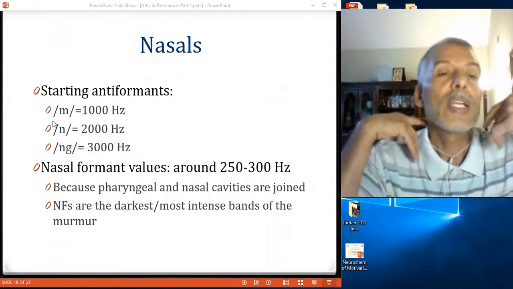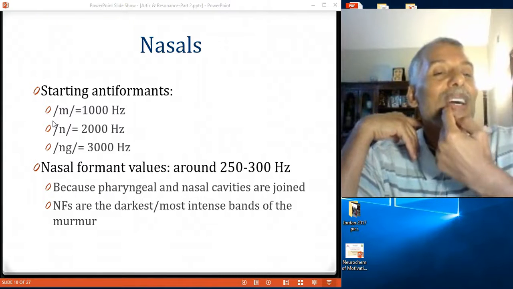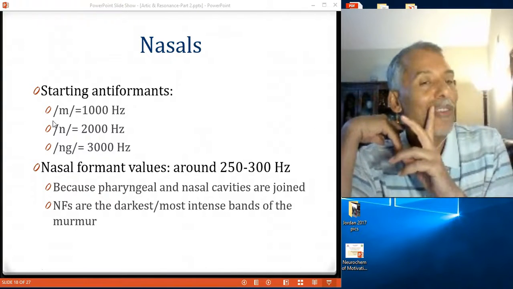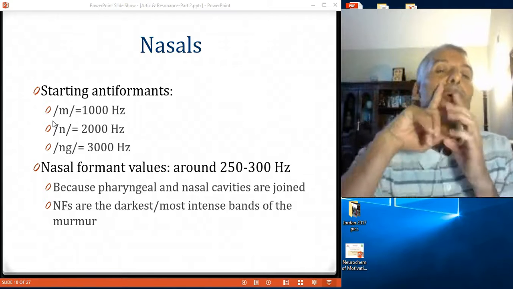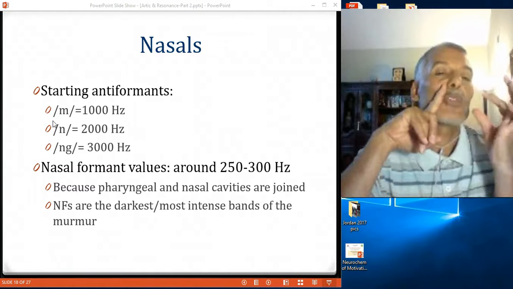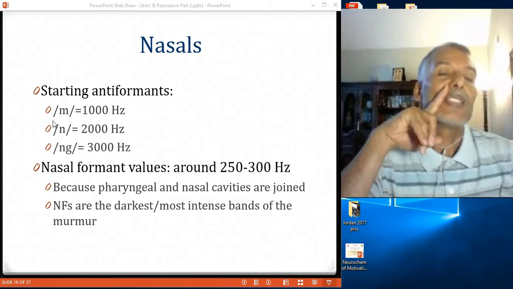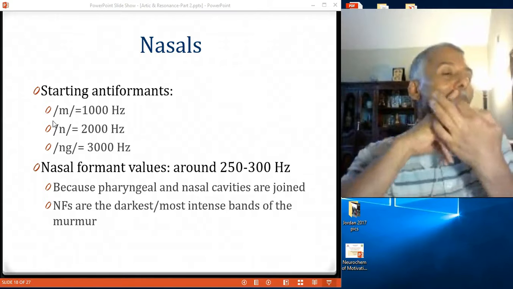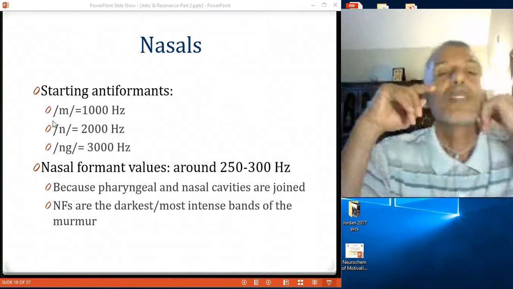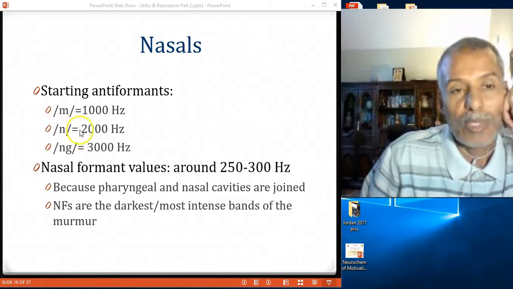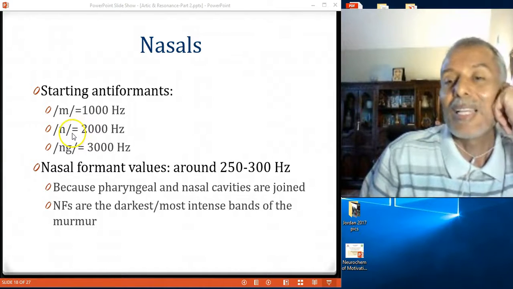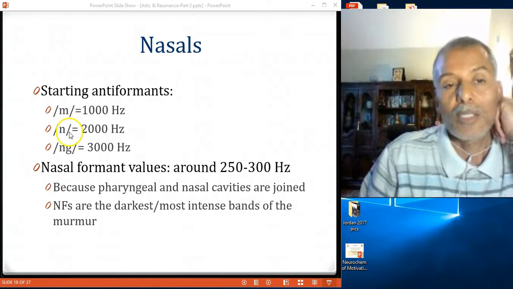And then once you say n, your tongue goes near the alveolar ridge, and now you took this area out of the cavity. So the air bounces back here and goes. That makes the frequency rise when you say n because you have made the vocal tract smaller.